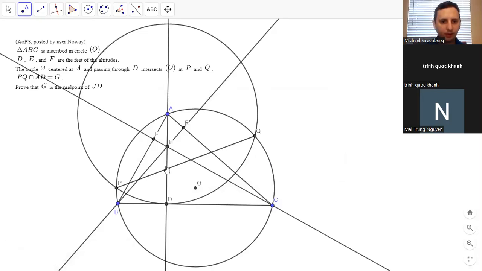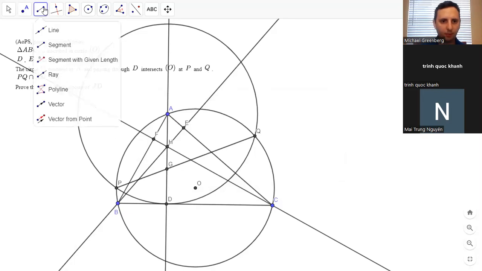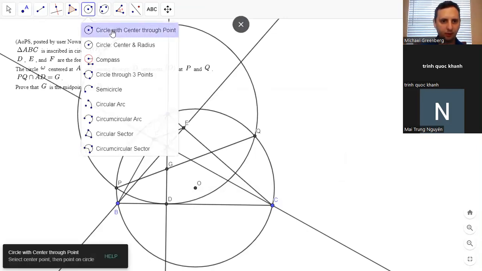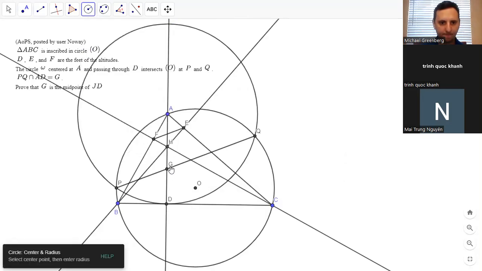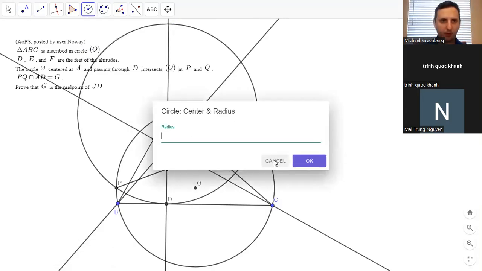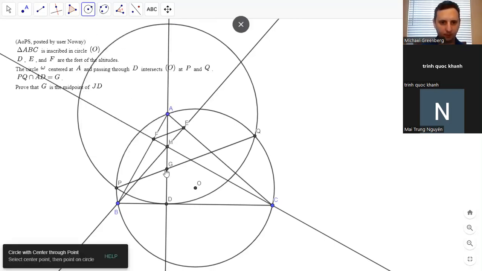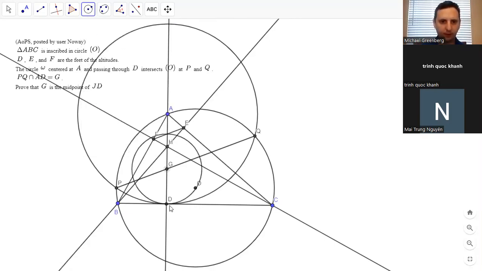PQ intersects AD at G. I think they forgot to write in the problem, but I think J is where EF intersects AH. Let me check that. Or maybe they had it written in the problem, but I didn't copy it right. Yeah, that's J. So this is J.